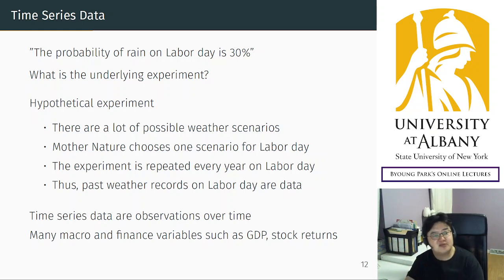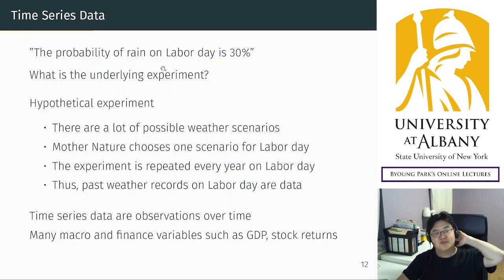Then the problem here is, what is the underlying experiment for this probability? It's not clear what experiment you can repeat, because to define a probability you have to repeat the experiment, but you cannot repeat anything here. You cannot live Labor Day multiple times.